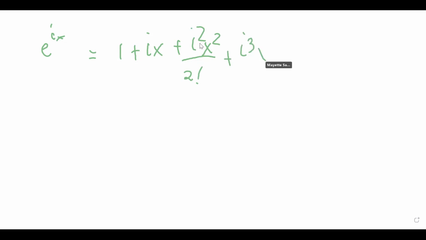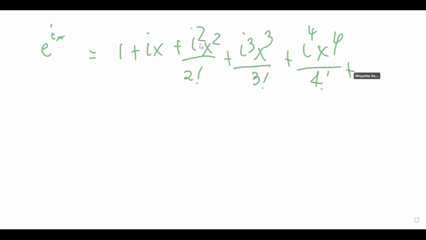Now, this suggests that if we are to expand e^(ix), this is just equal to 1 plus ix plus i squared x squared over 2 factorial plus i cubed x cubed over 3 factorial plus i to the fourth x to the fourth over 4 factorial plus i to the fifth x to the fifth over 5 factorial, and so on.